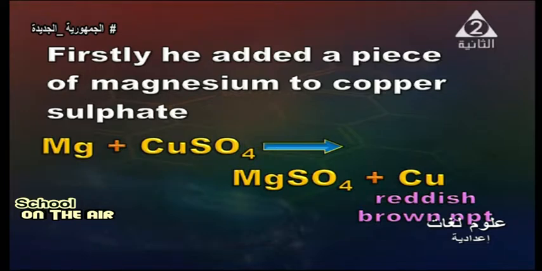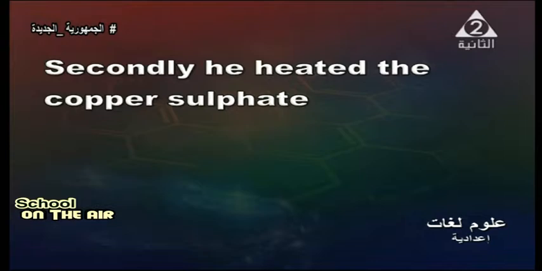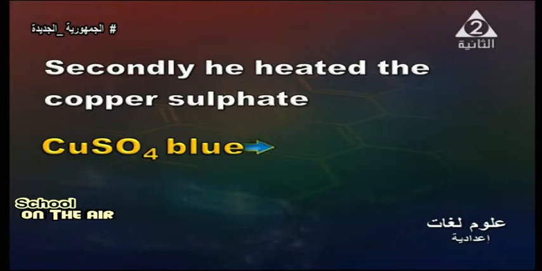So the first method to obtain copper is by the reaction between magnesium and copper sulfate, which substitutes copper, and reddish brown copper precipitate is produced. The second method is to heat copper sulfate, a blue solution.